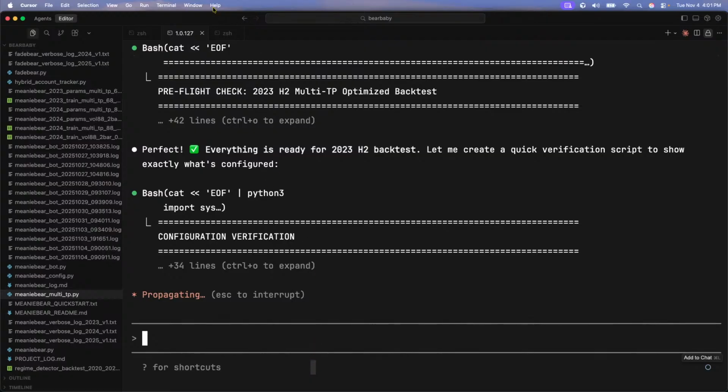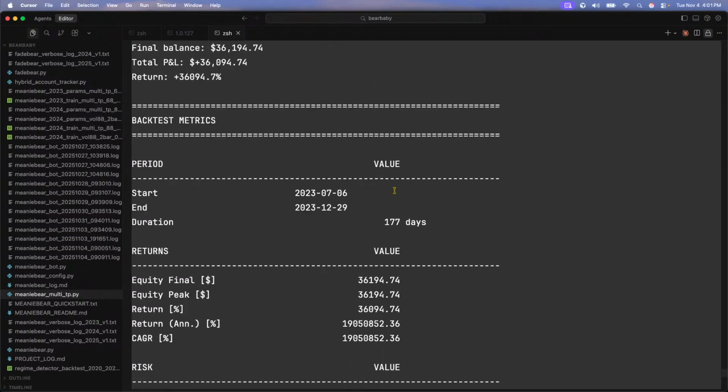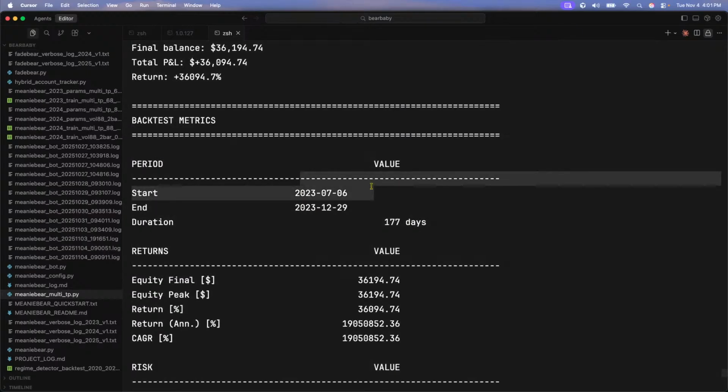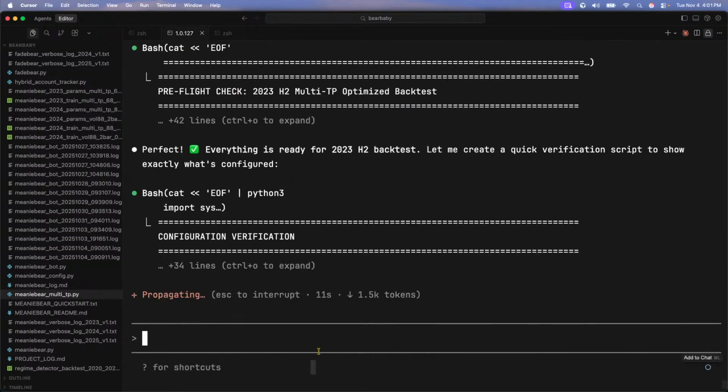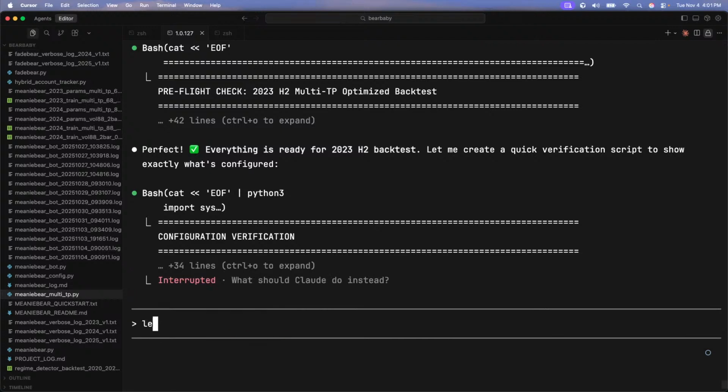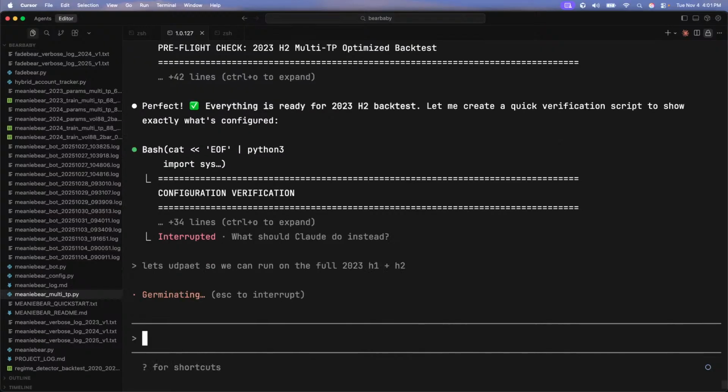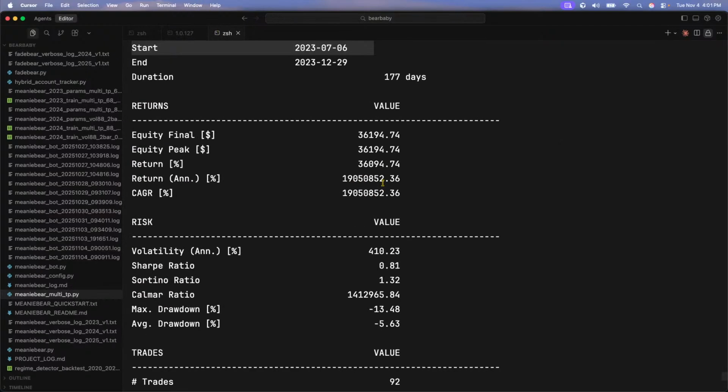Ready for H2. Oh, that makes sense. That's only half the year. Let's update so we can run on the full 2023, H1 plus H2. And 6 months to make 36K?